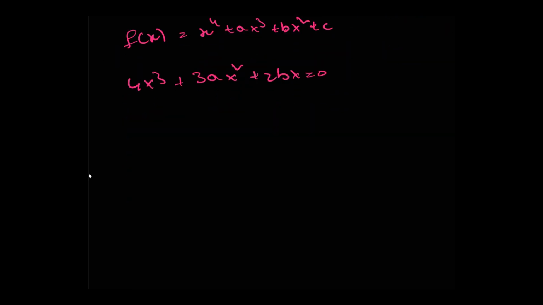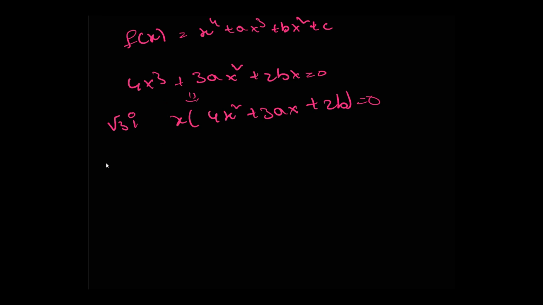Now they have given that root 3i is one of the roots of the equation 4x cube plus 3ax square plus 2bx equals 0. Clearly we can write this as x into 4x square plus 3ax plus 2b equals 0, by taking x as common.